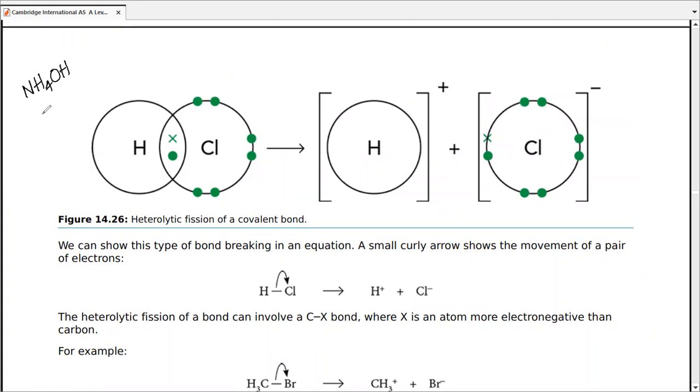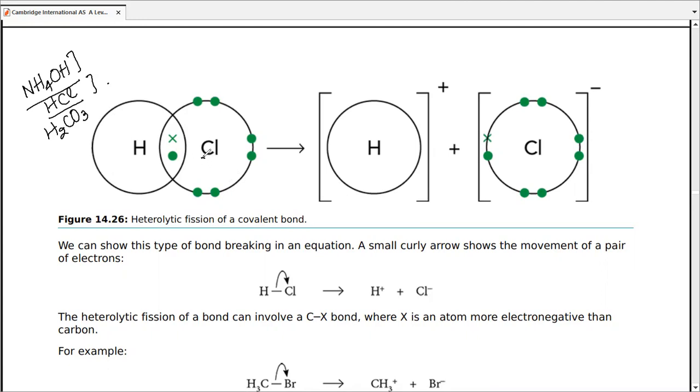Maybe we have done it with HCl as one of the examples, and carbonic acid. Okay, so these are the examples that we have considered, which is a very good example of covalent bond breaking. So that's why we're going to consider the HCl example.